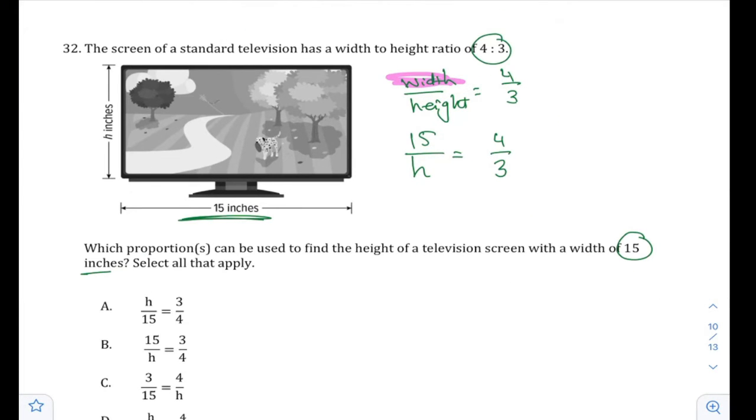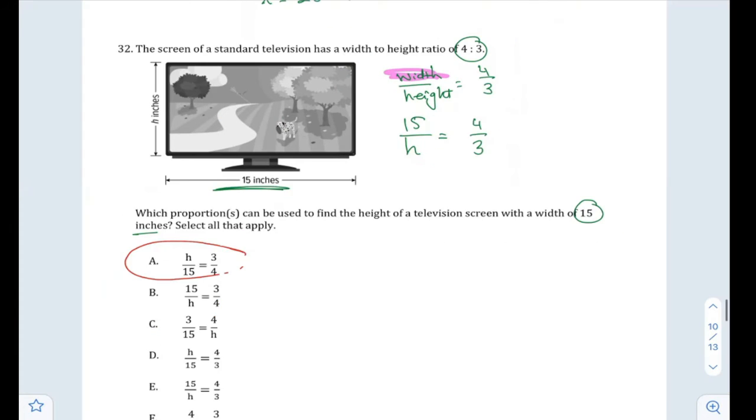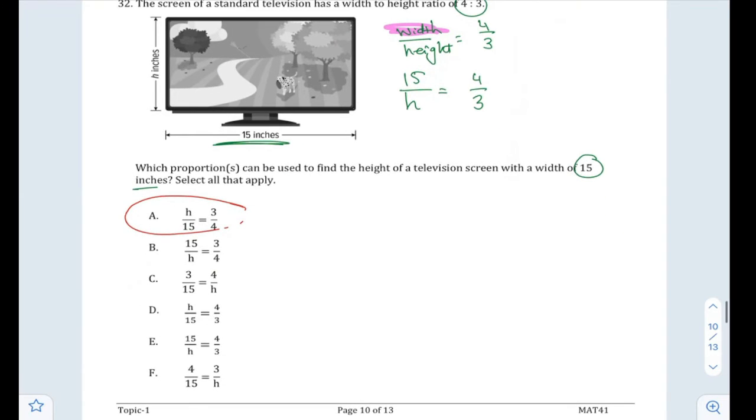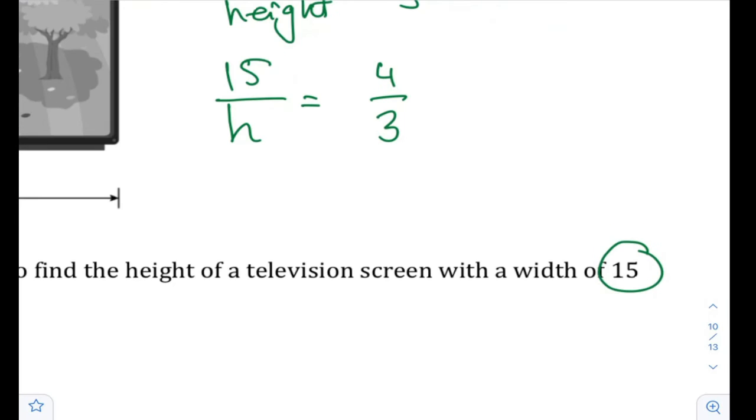As you see here, it's very obvious, very clear. Are the others wrong? One of the properties of the proportion is the nice property that you can also flip. So it can be written in this way. Which one is matching with this way? H over 15 is equal to 3 over 4.